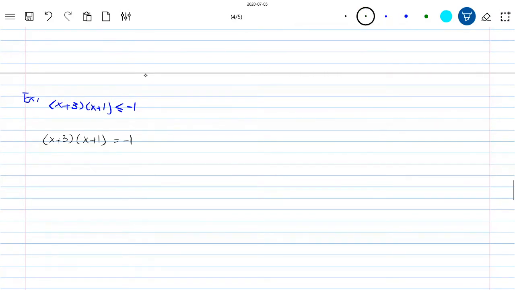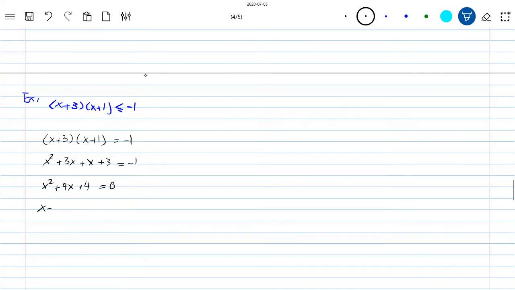You cannot say equals -1, so I distribute x times x: x squared plus 3x plus x plus 3 equals -1. Add the 1 to the other side. What you get is x squared plus 3x plus x, plus 4 equals 0. So what do I get? x squared plus 4x plus 4 equals 0.